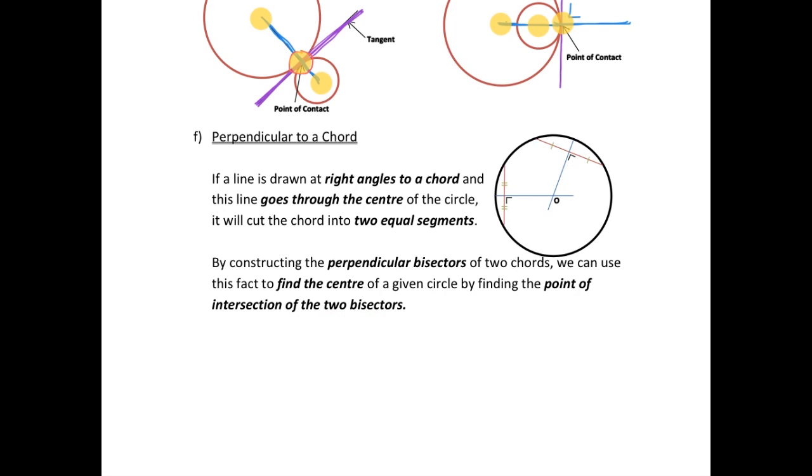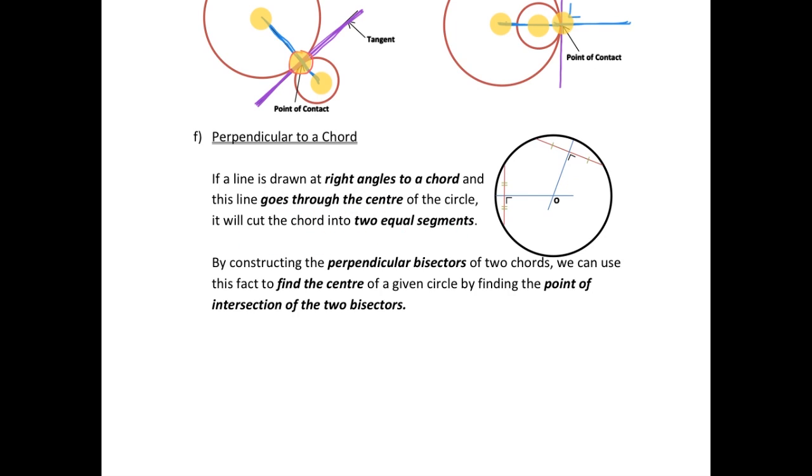So rather than seeing all of that in words, if we look at a picture here, we have a circle. We've drawn in two chords. We've said that a line at right angles to a chord that goes through the center will cut it in two equal parts.